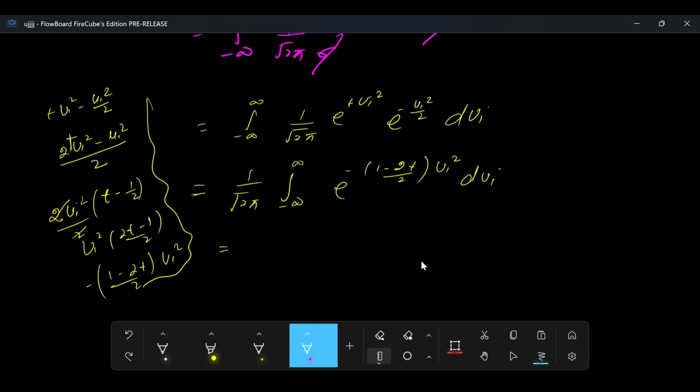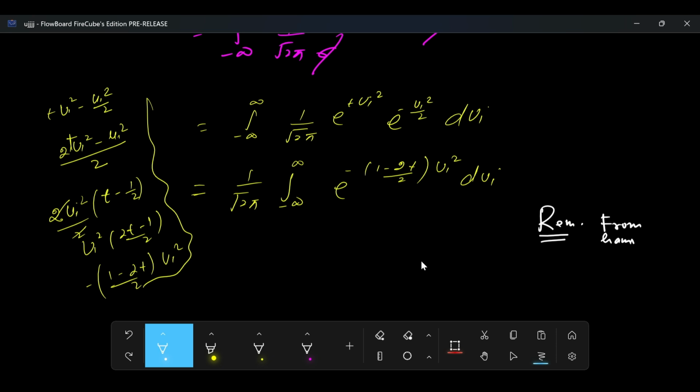Okay, remember here one more thing: from the gamma integral, if we have a function like this, it is always equal to root pi upon a.